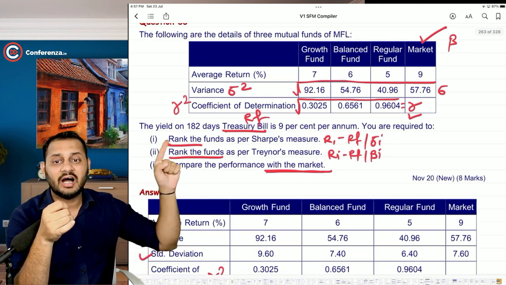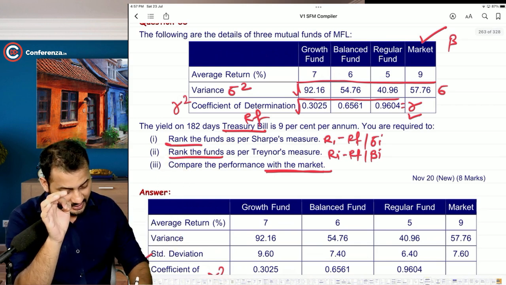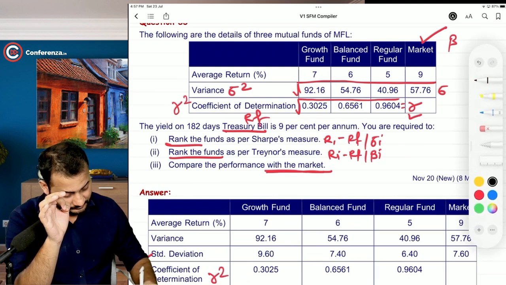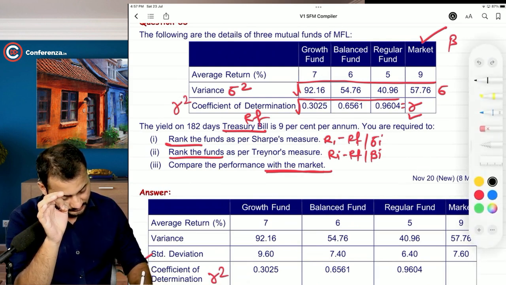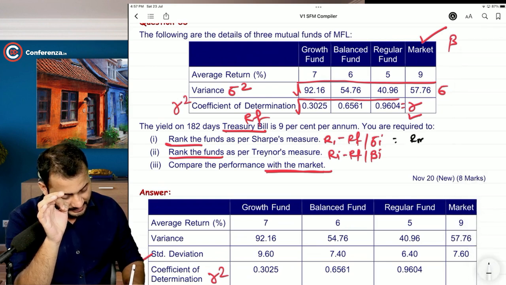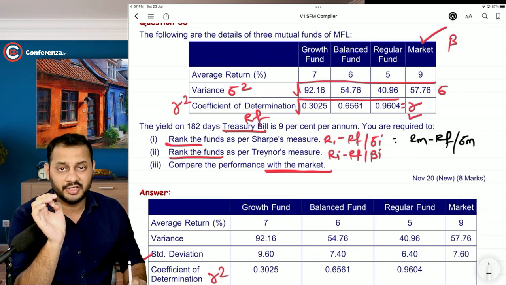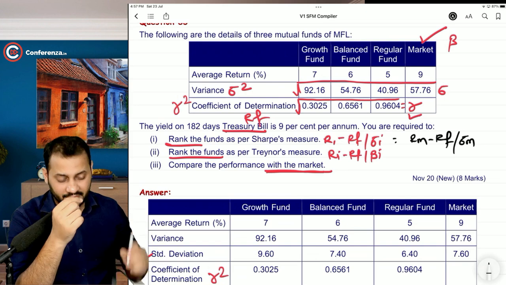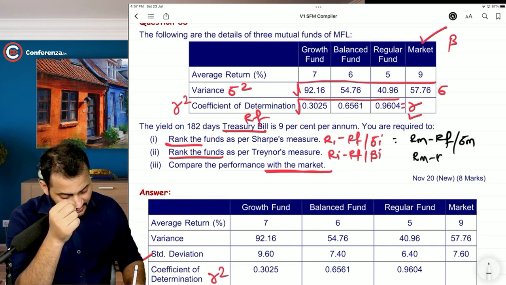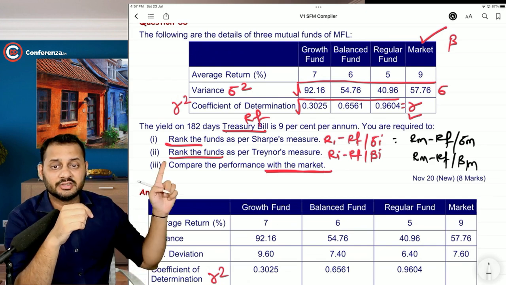So instead of RI minus RF divided by standard deviation of I, you are going to take RM minus RF divided by standard deviation of market. This is the Sharpe ratio of the market. Again, RM minus RF divided by beta of the market, which is always 1. This is the Treynor's ratio of the market.